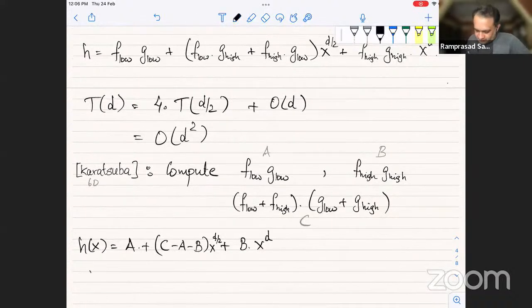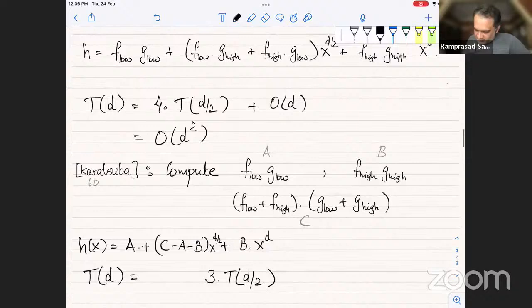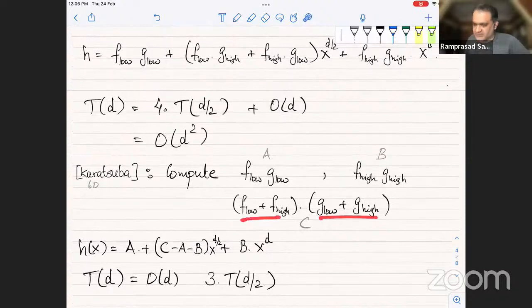So overall, what is the recurrence going to be? T of d is going to be 3 times t of d by 2, because that's the number of operations you need. I need to compute this product, and this product. Technically, I should have written it this way: there is an order d operation to compute f low plus f high and g low plus g high.